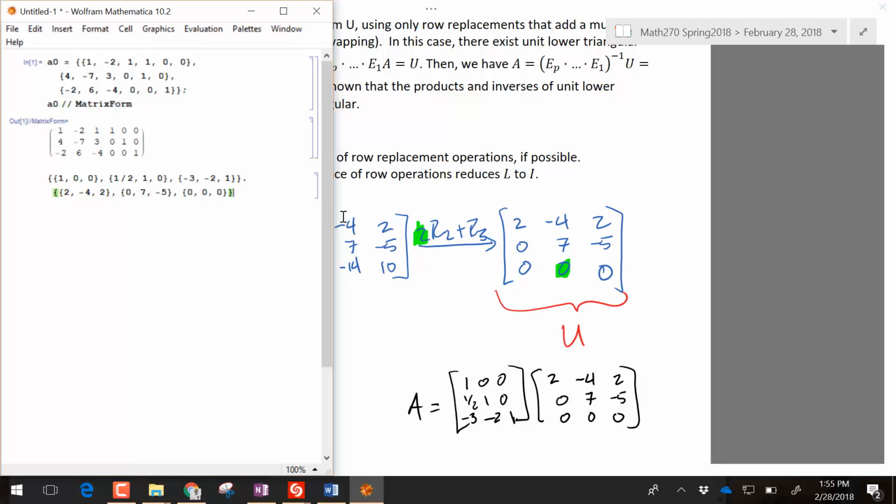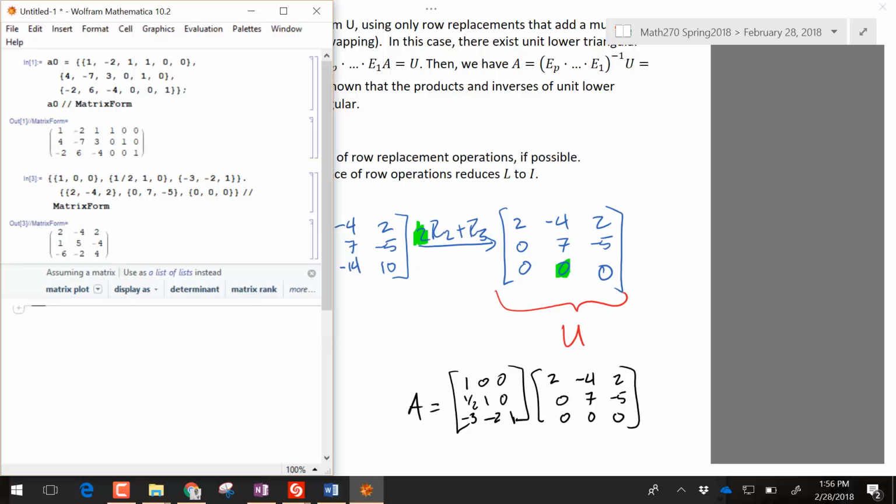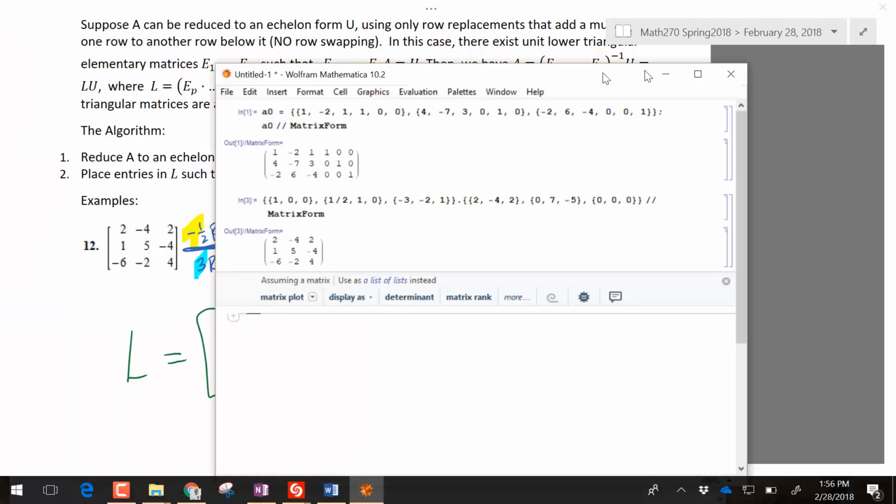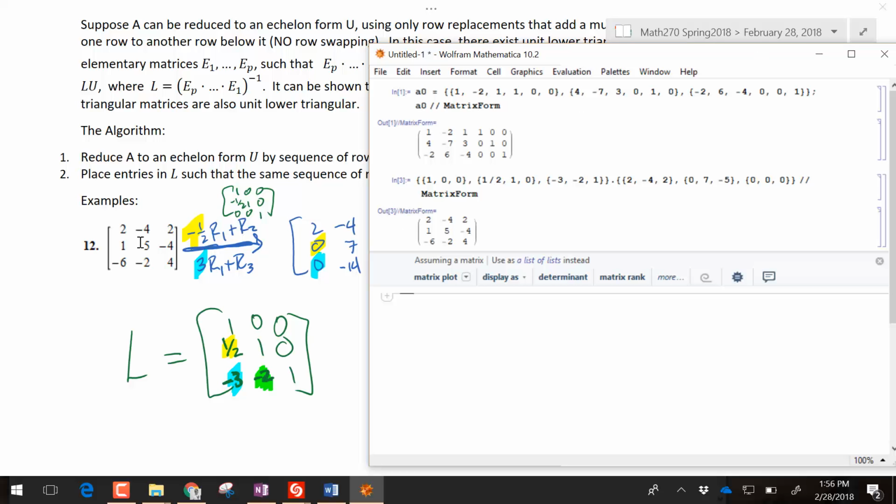We want to have this in matrix form so we can see it. Is that the original matrix? So 2, negative 4, 2, 1, 5, negative 4, 6, negative 6, so that's it.